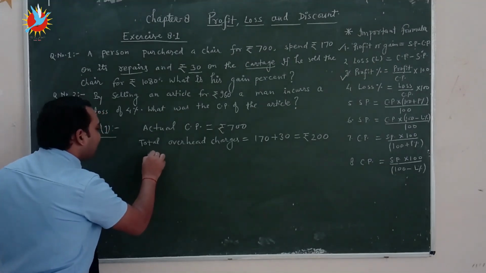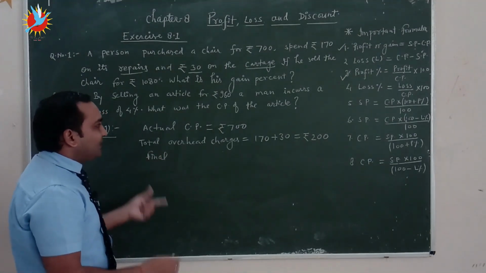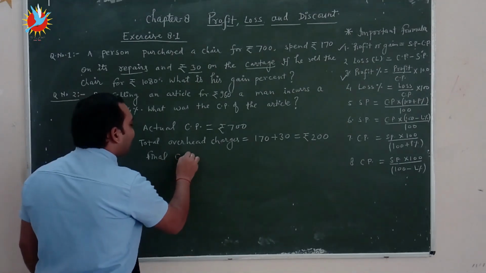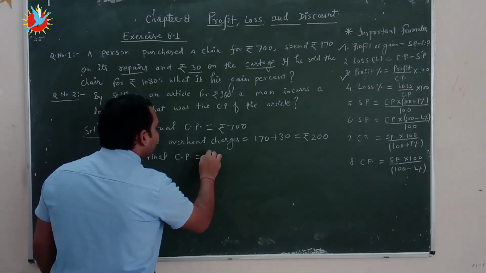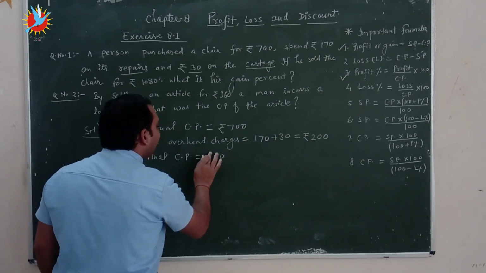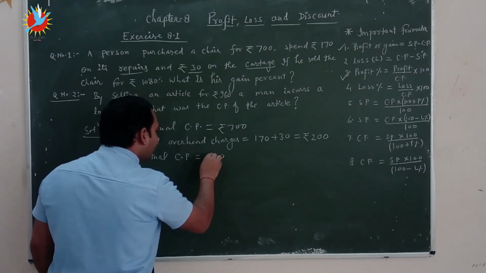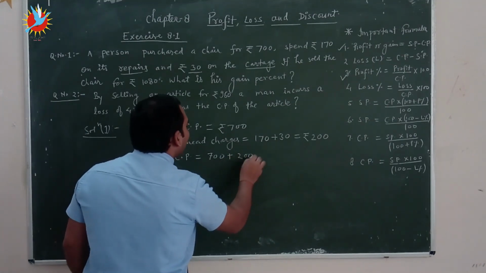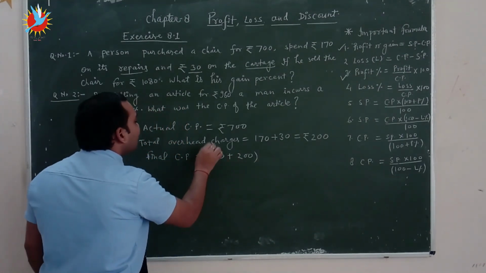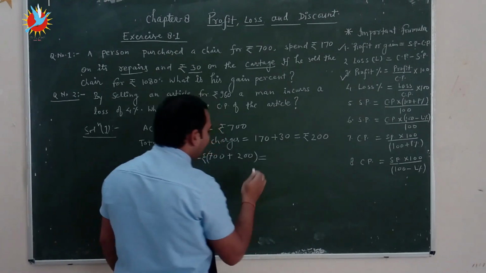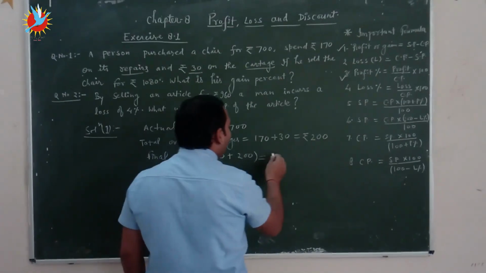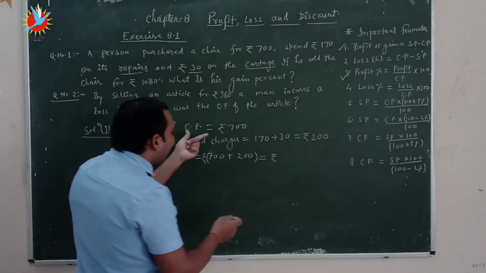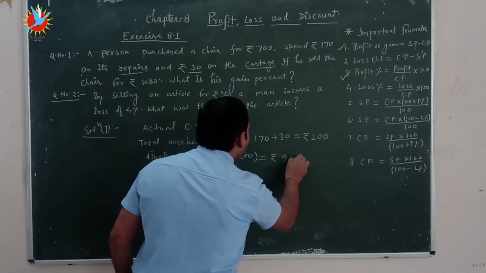Final cost price, how much rupees he spent on the chair? So final cost price will be 700 rupees, initially he purchased the chair, plus 200 rupees he spent on the overhead charge, extra expenditure. So total cost price will be rupees 900.